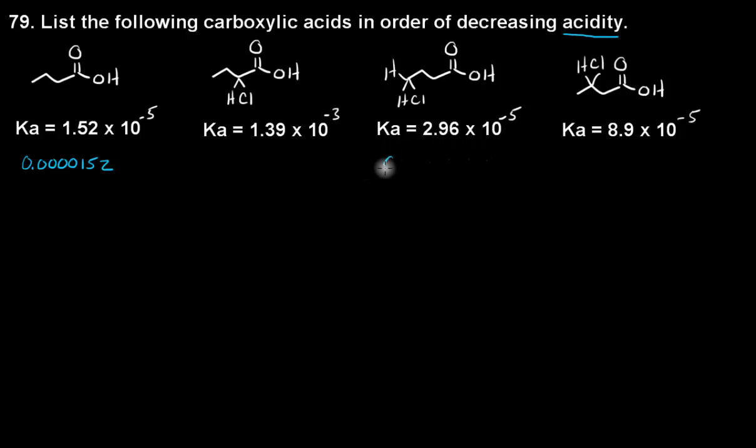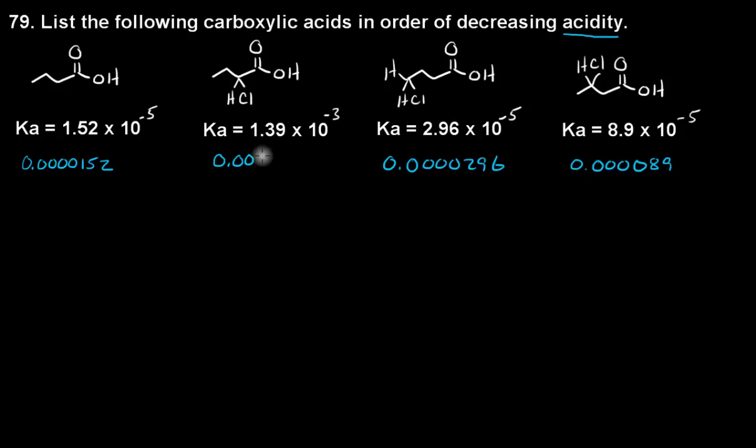Okay, so 0.0000296, and 0.0000890, or 89. Let's just say 89. And then for this one, we have two orders of magnitude in between. I could pull out the calculator and do the whole calculation, or I can just remove two zeros.